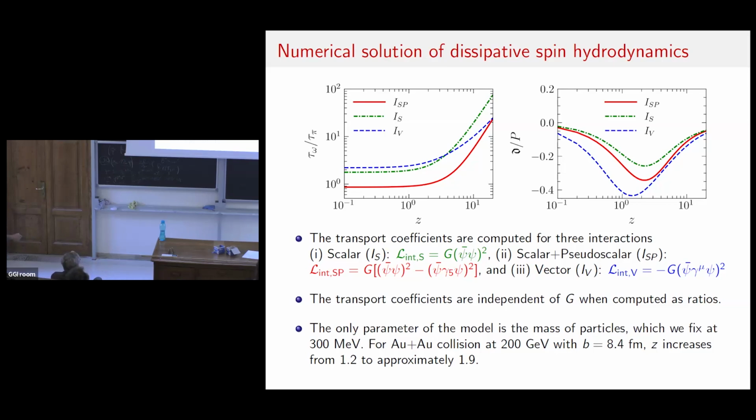In this range, the SP interaction has the lowest tau omega, and the others are almost comparable. However, for the dissipative correction, the vector interaction has the largest D, then scalar, and then pseudoscalar.